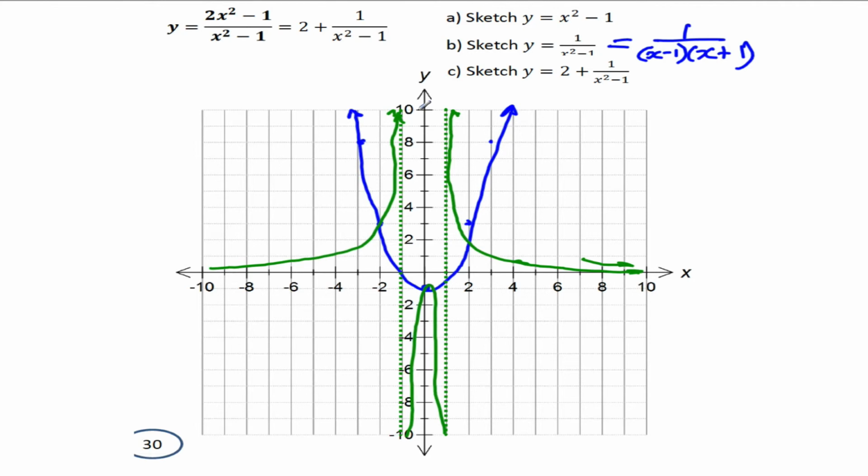Last step, we're going to sketch 2 plus 1 on (x squared minus 1). So remember, we're still sketching this function. We've done it by doing a division and then sketching this. These are equal, so the graphs are the same. Sketch y equals 2, so that just means that everything moves up by 2. So we now have a horizontal asymptote going across at y equals 2. This part of the curve is over here, and I know this is really rough.